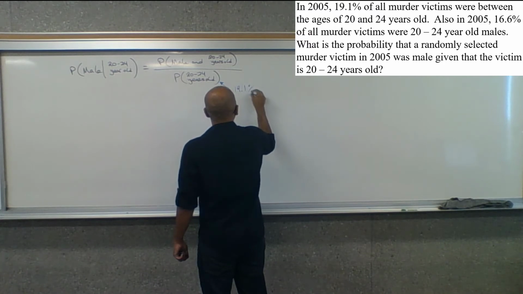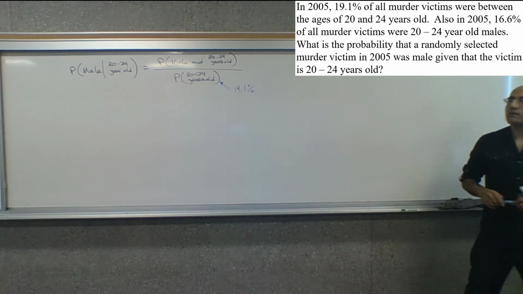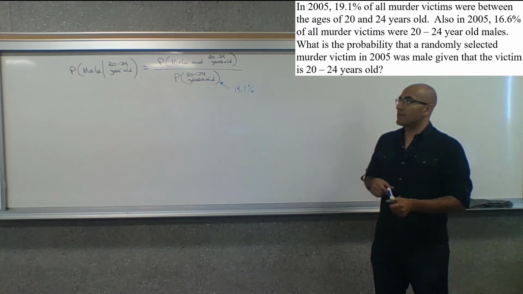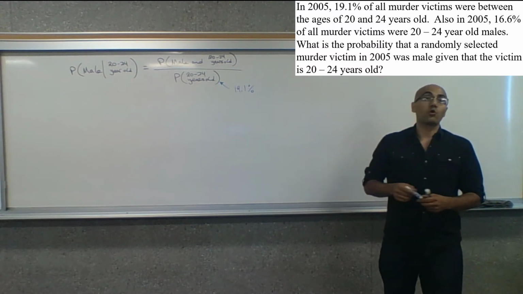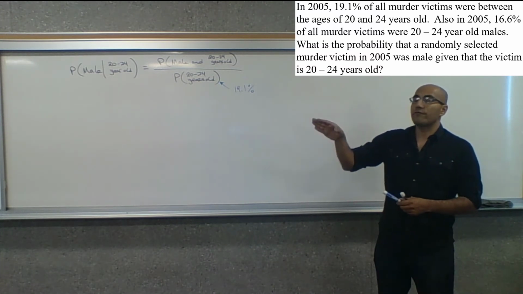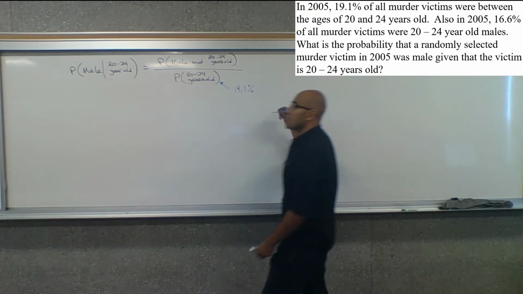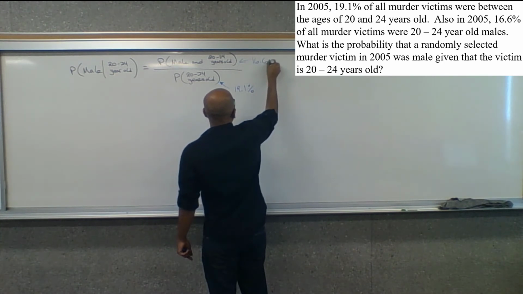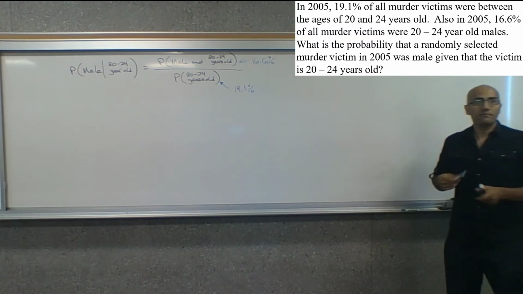Looks like that's the 19.1%. And then the other one they gave us is that also in 2005, 16.6% of all murder victims were between 20 and 24, were 20 to 24 year old males. So they're 20 to 24 years old and they were males. That's the numerator, right? That's this guy at 16.6%. Good? Questions?